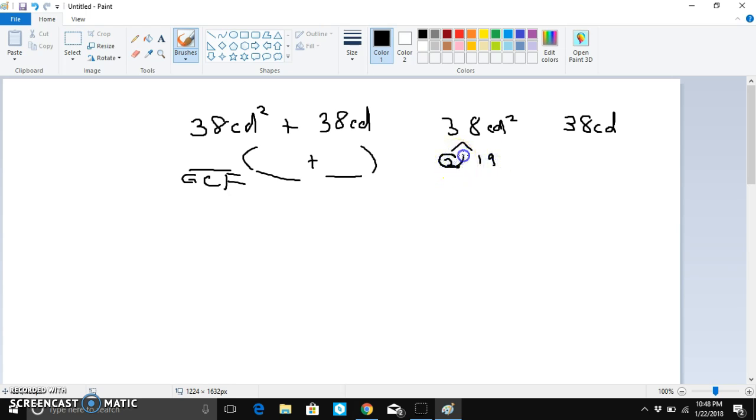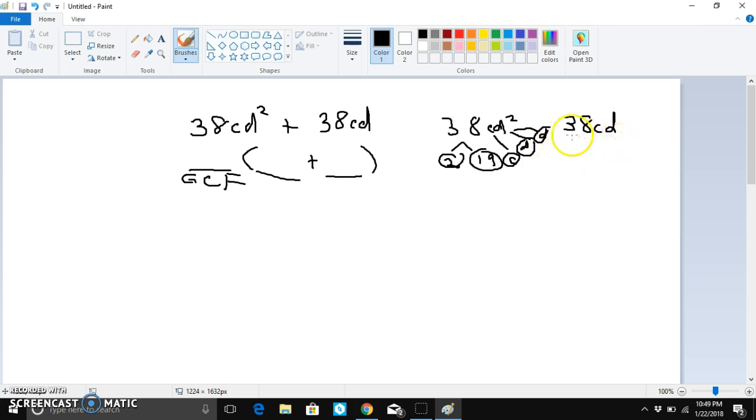And 2 and 19 are both prime. C doesn't have an exponent, you just bring it down, just one C. And then d squared means d times d. So we have two d's here.